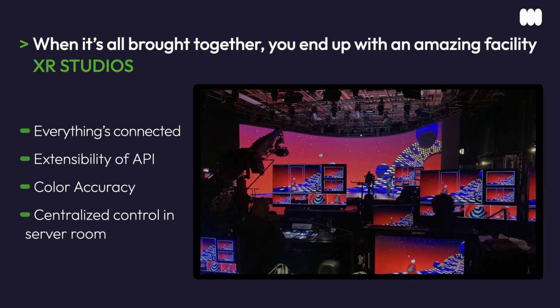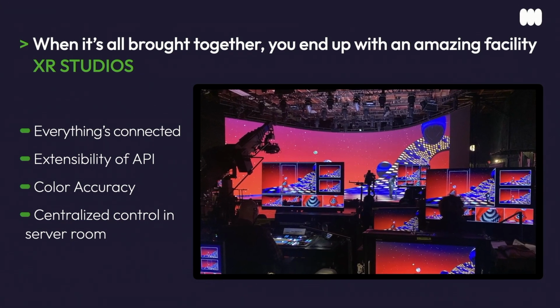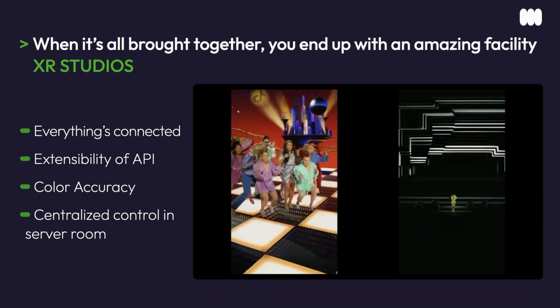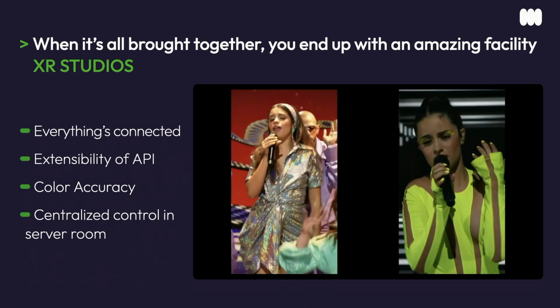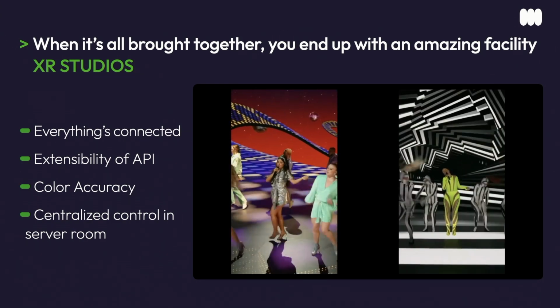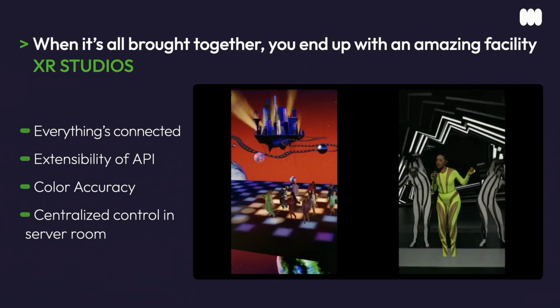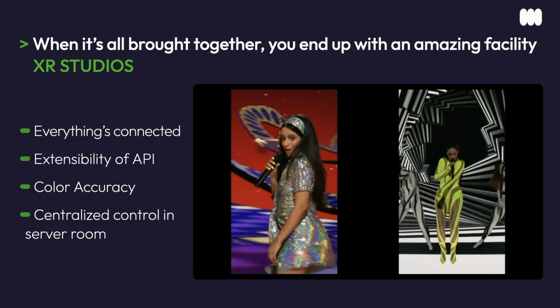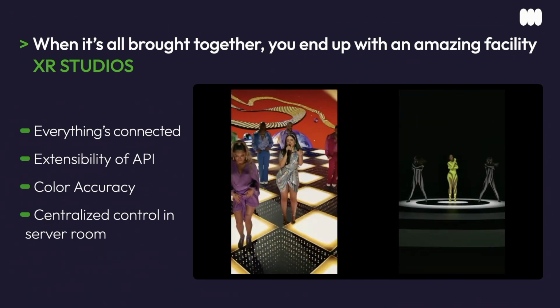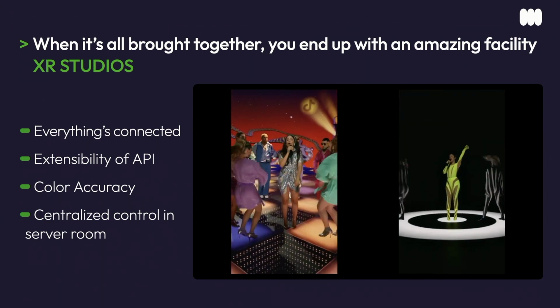That metadata is able to travel all the way upstream via an API so that a server can intelligently understand what it's driving and what its capabilities are. And then further to this, by using this infrastructure that's fiber-based and more IT-friendly, in this particular facility, there's a server room.